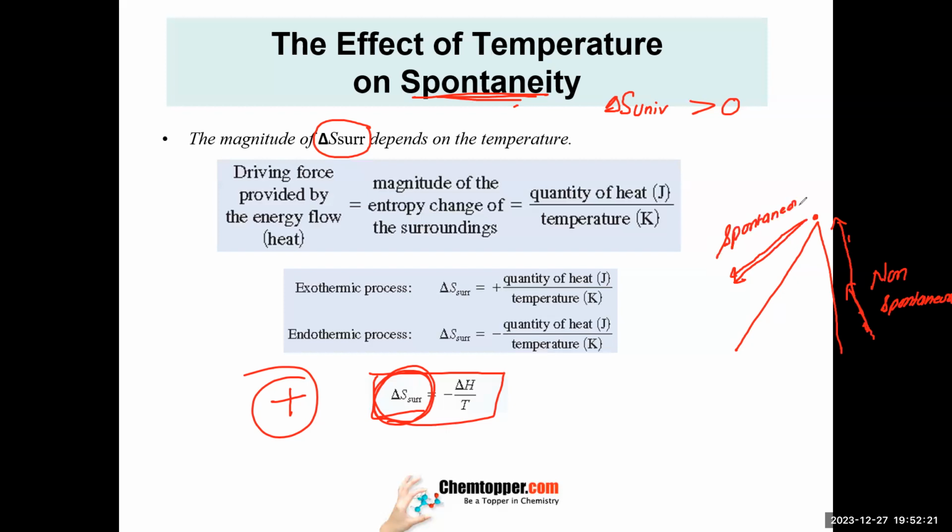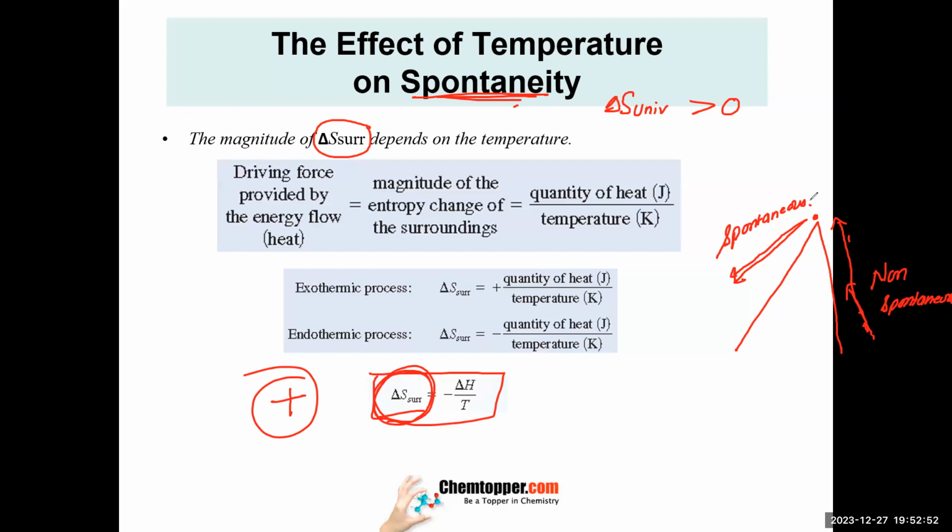Formation of days and nights, spontaneous or non-spontaneous? Spontaneous, because they happen on their own. You're not doing anything. Growth of your body, spontaneous. Of course, you need food. But even if you don't eat much, your body will still grow. If you are eating less, the growth will not stop, right?